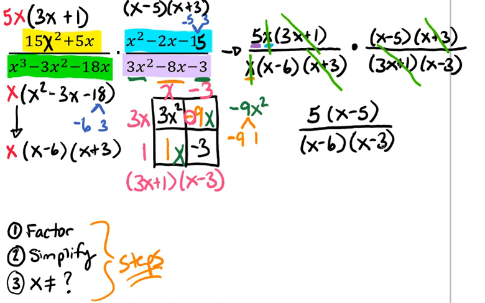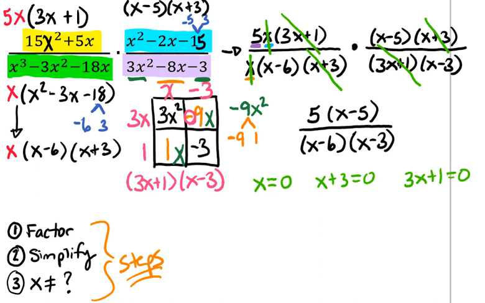Now remember, in order to do that, we're looking to the denominator and the things we crossed out in the denominator. In the denominator, we crossed out an x, we crossed out an x plus 3, and we crossed out a 3x plus 1. So in order to find what x is not allowed to equal, we need to set each of these equal to 0 and then solve for x.